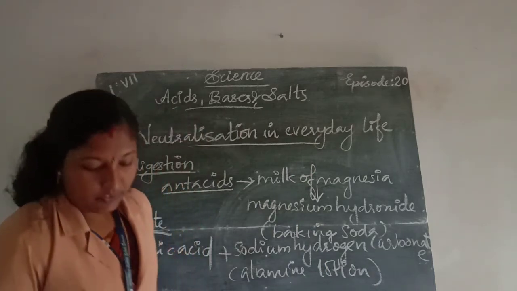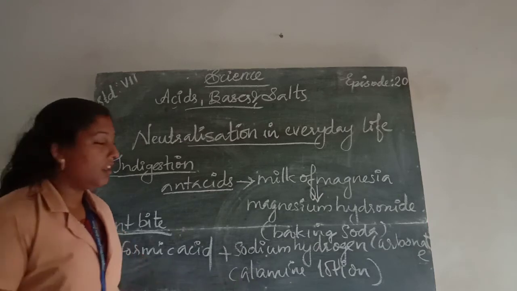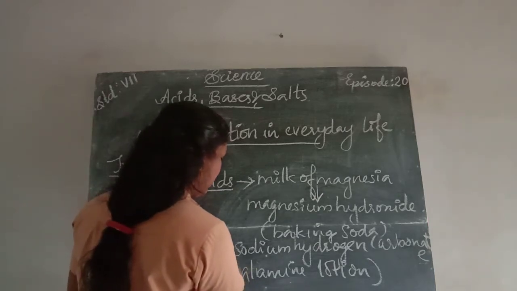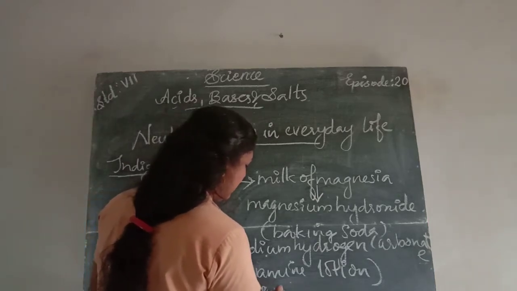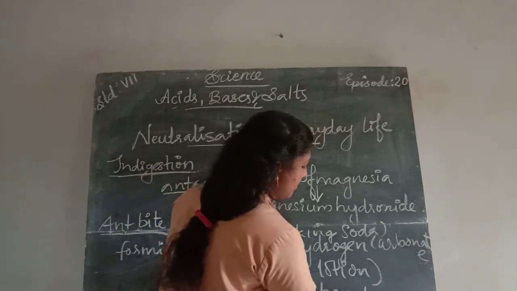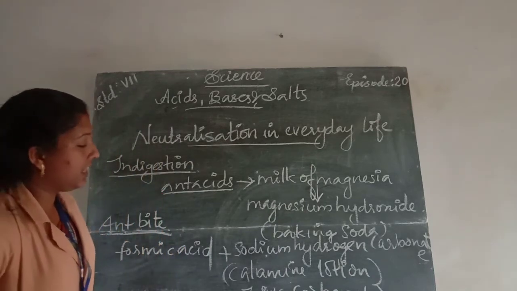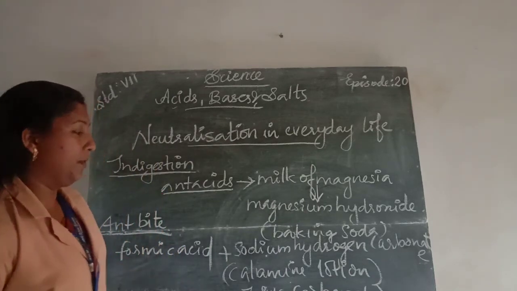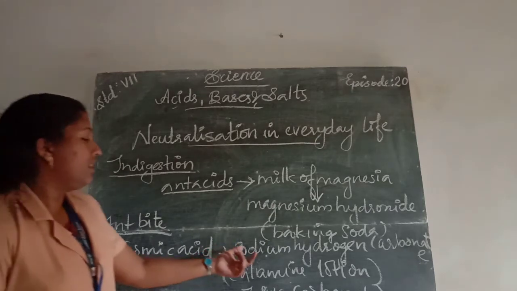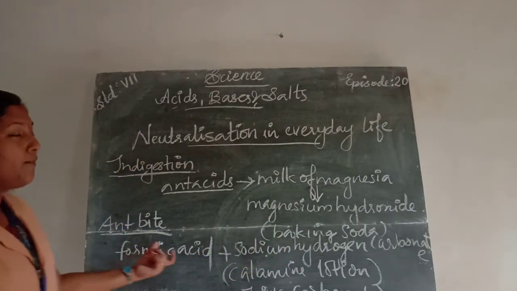Calamine lotion contains zinc carbonate. So the calamine lotion and baking soda neutralize the formic acid.